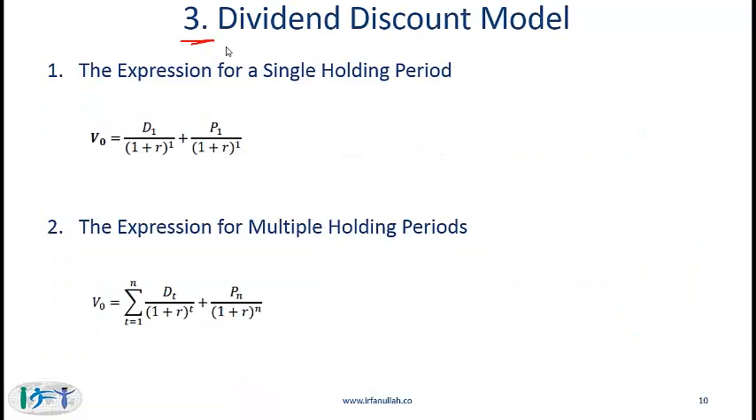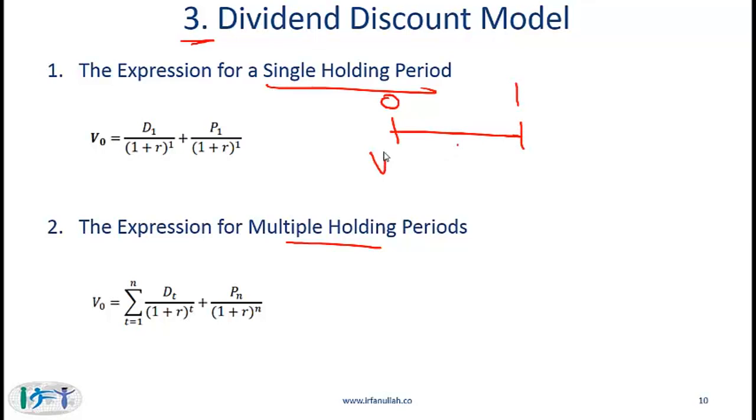Coming now to section 3, and we will now talk about dividend discount models in more detail. Broadly speaking, we can either have a single holding period or multiple holding periods. And the idea here is straightforward. This connects to one of the examples that we talked about earlier. In a single holding period, as the name implies, you intend to hold your stock or your investment for one period.